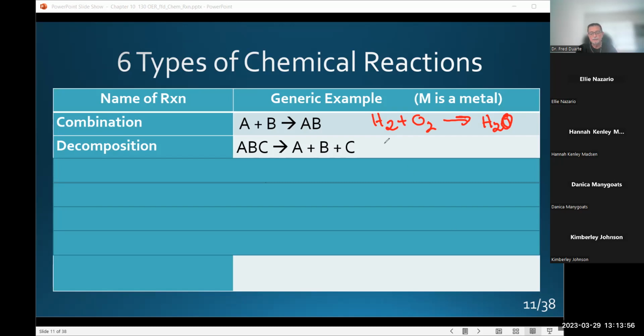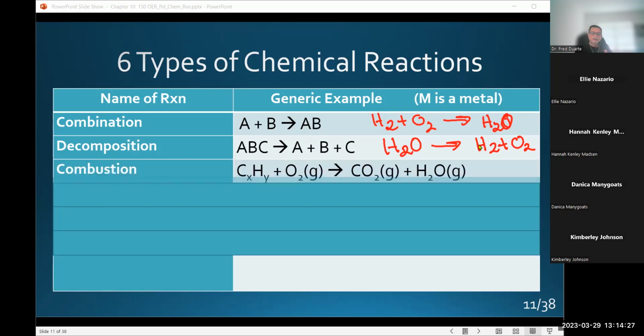We zap it with some electricity and literally break it back into the elements. A decomposition reaction. So it's not going to come back to products. We break it down. A decomposition reaction just breaks the compound back to the elements.